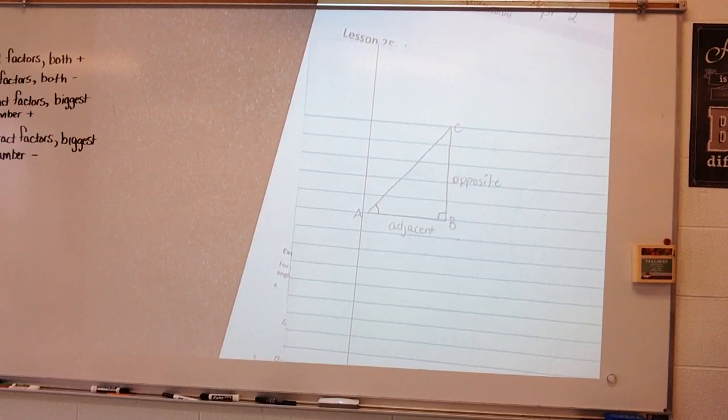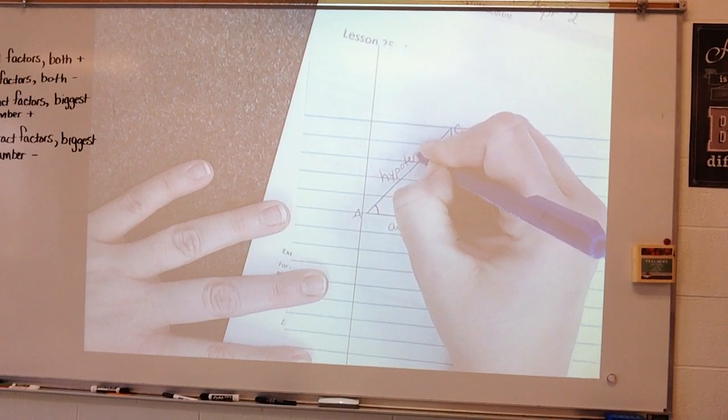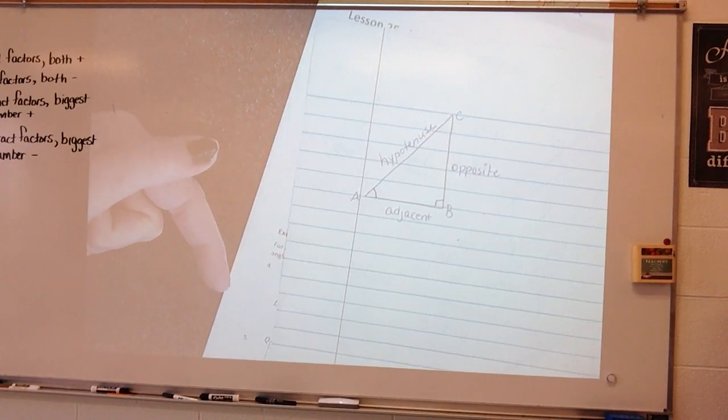The hypotenuse is the same as always. The hypotenuse is the side that is straight across from the right angle. That is side AC, and it is opposite from the 90-degree angle. So this is what we have.